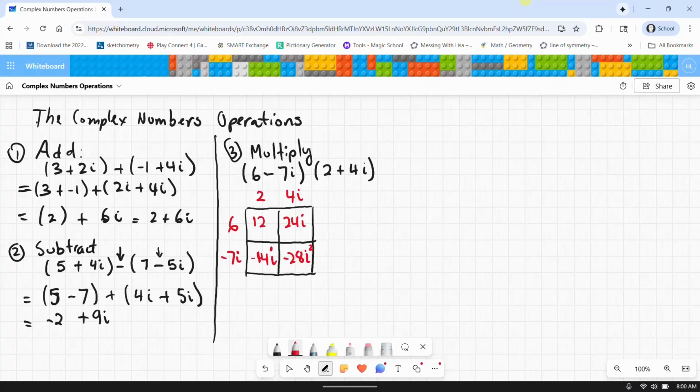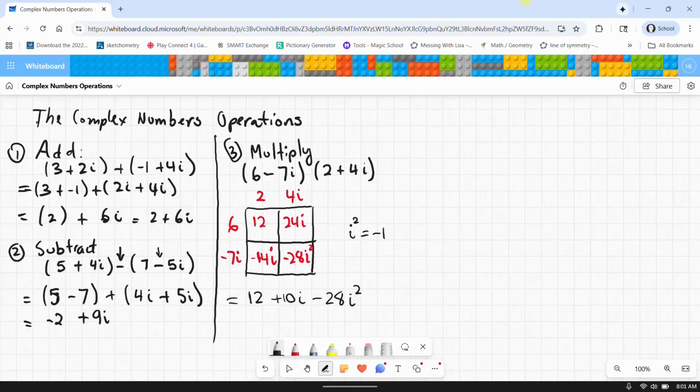I'm going to combine all of this. It's going to be equal to 12. Now the 24i and negative 14i, I'm going to combine together, turning into positive 10i, and I'm going to rewrite the negative 28i squared. What we have learned about the imaginary number is that i squared equals negative 1.